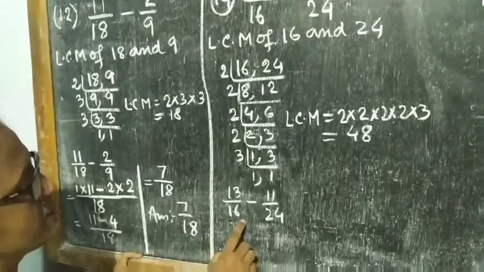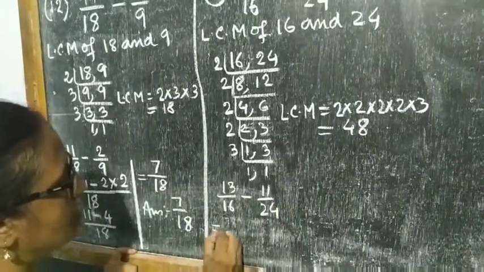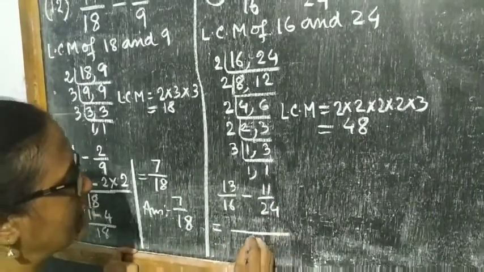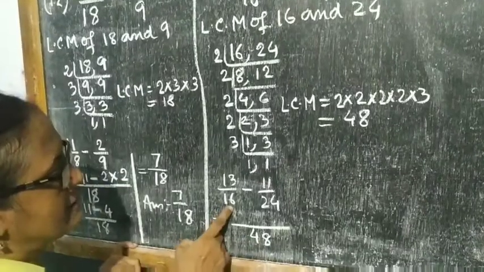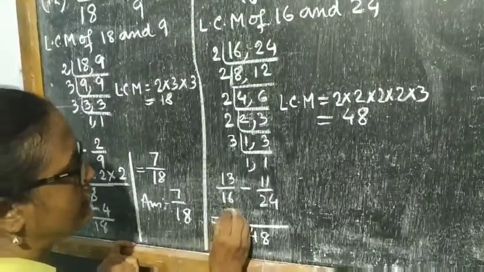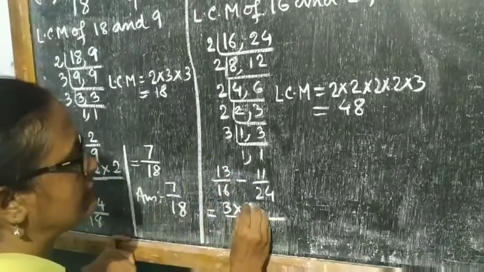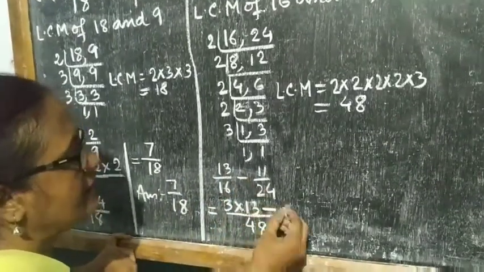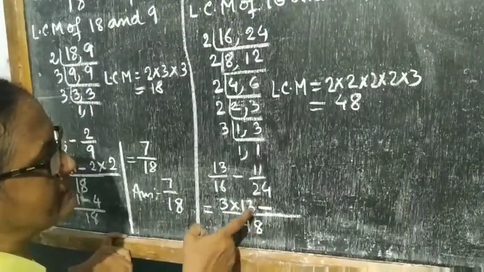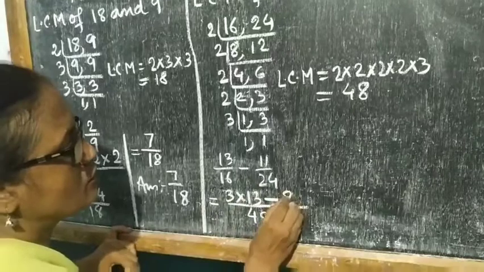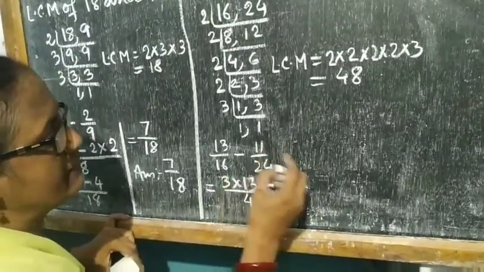Again children, you write the sum 13 by 16 minus 11 by 24. The LCM of 16 and 24 is 48. So in the denominator you write 48. Now you divide 48 by 16, that is 3, into the numerator 13. So write 13. Now put the minus sign. Again you divide 48 by 24, that is 2, into the numerator 11.